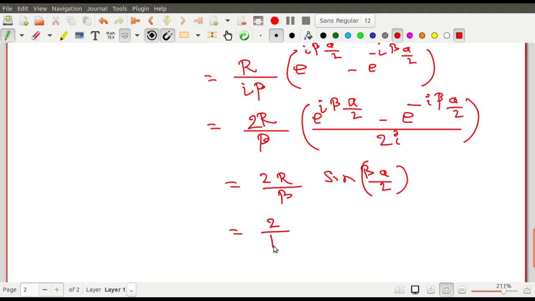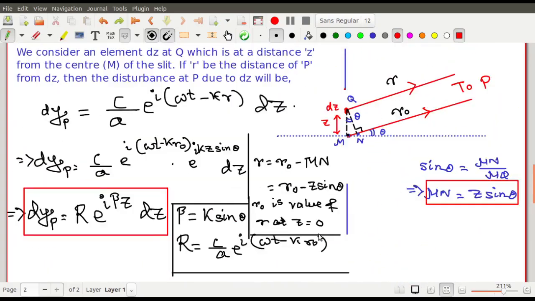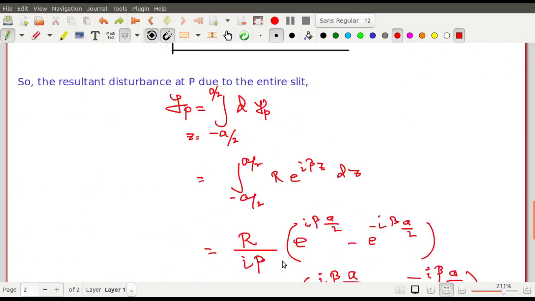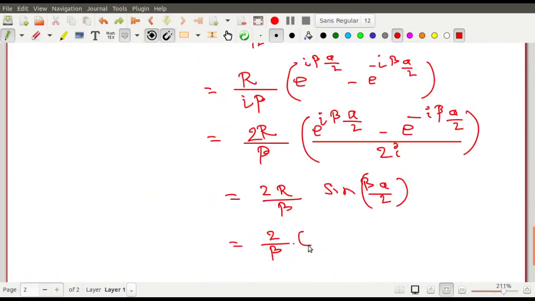Now whatever I do, I will put the value of this capital R. If I put the value of capital R, it was C by A, exponential i omega t minus k r0, sine of beta a by 2.